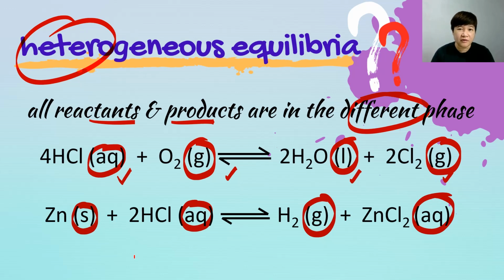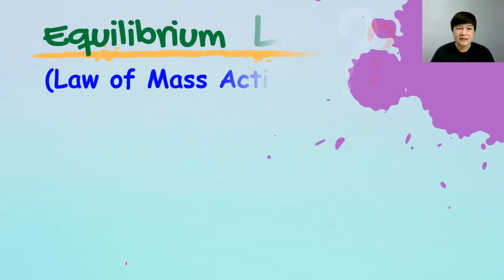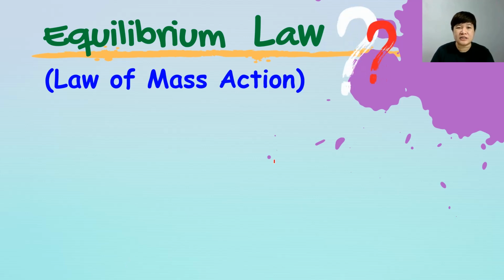All the phases are very important for your Kc and Kp later on. So your balanced equation must come with your physical phases. Next, let's look into what is actually equilibrium law. What is meant by law of mass action?